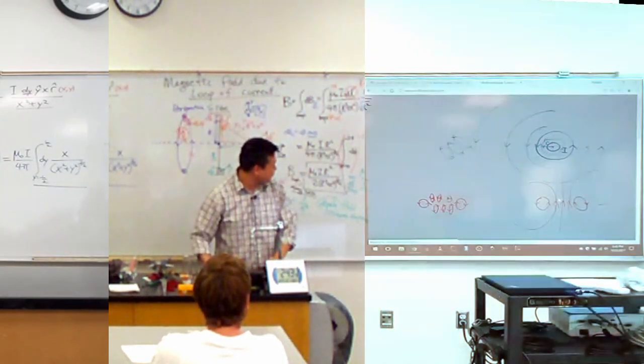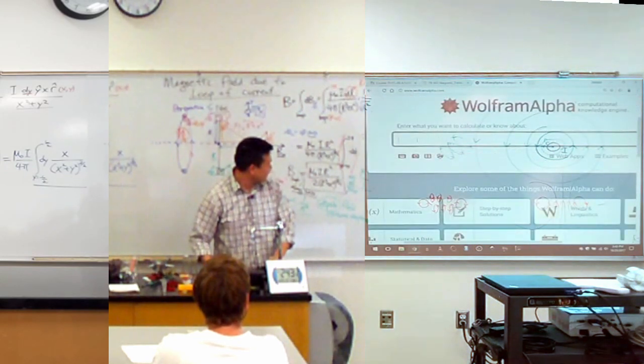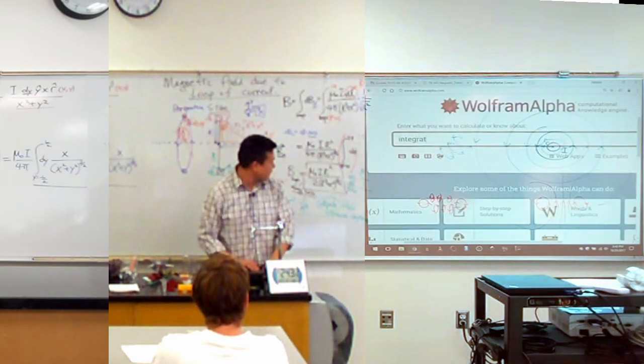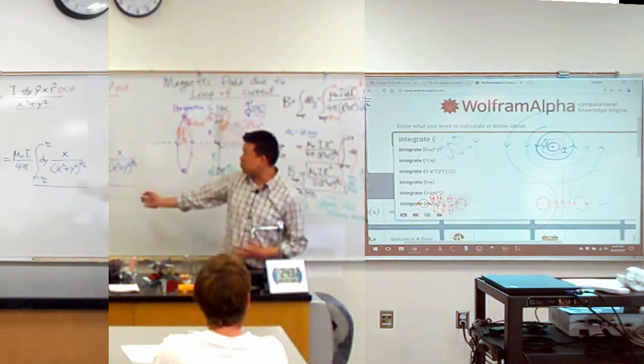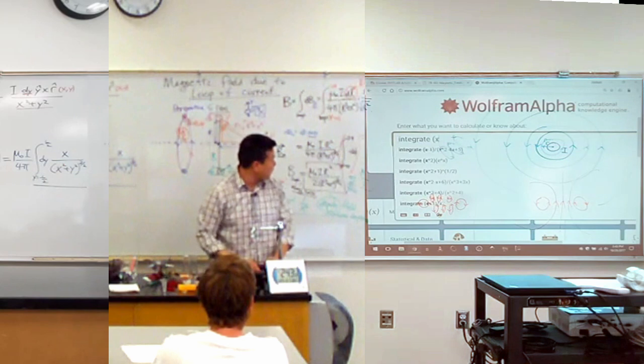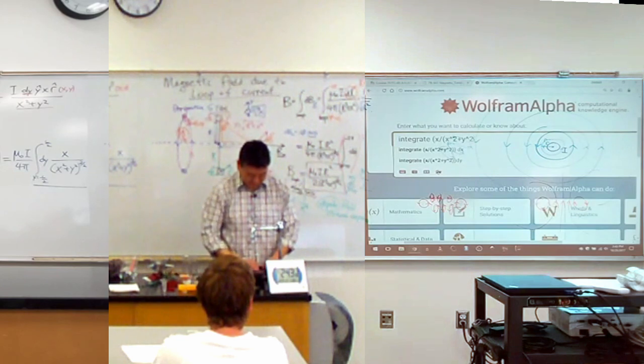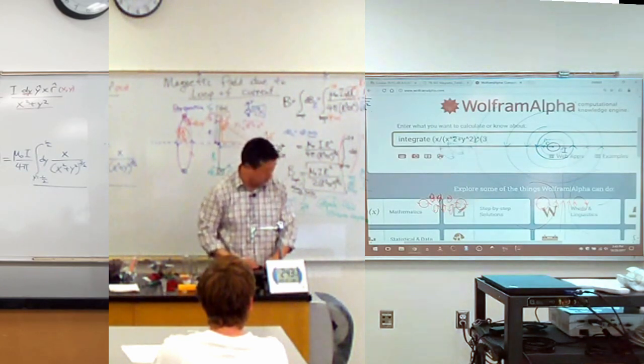So let's see, are those figures going to be in the way? Hopefully not. Okay, so I'm going to say integrate. And this is the reason I pulled out some of the constants so that I can write down this. So I'll say x divided by x squared plus y squared raised to the power of 3/2.